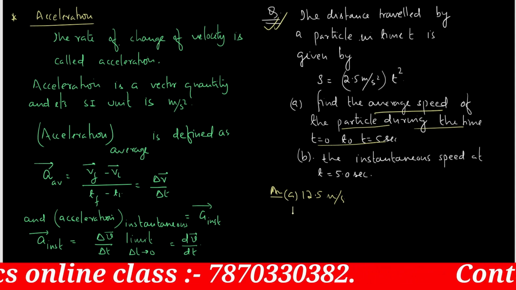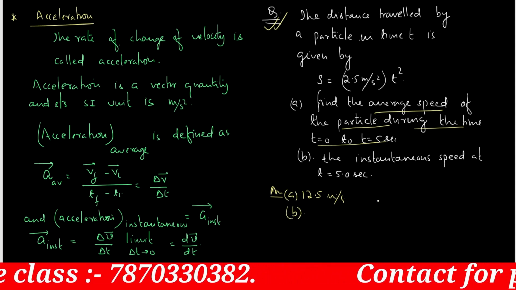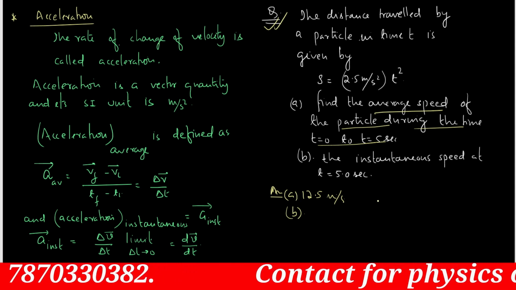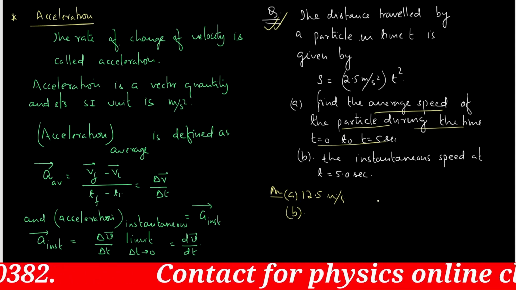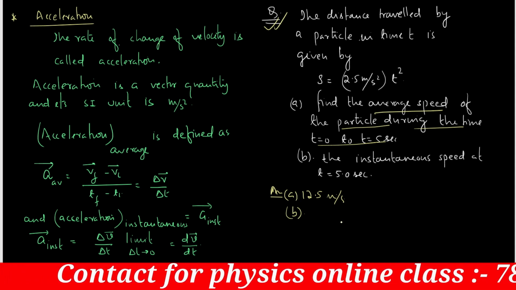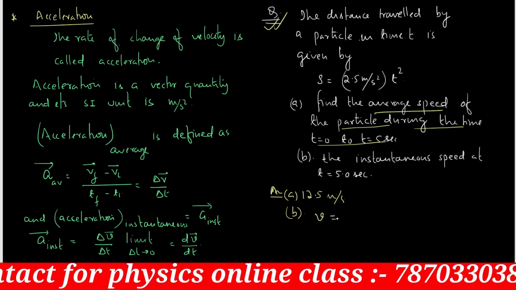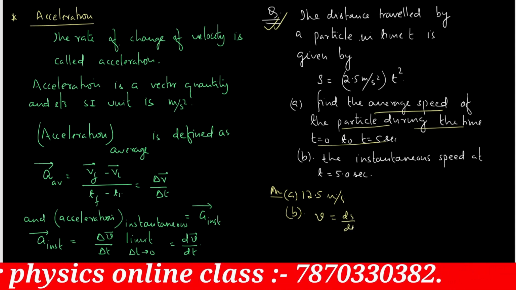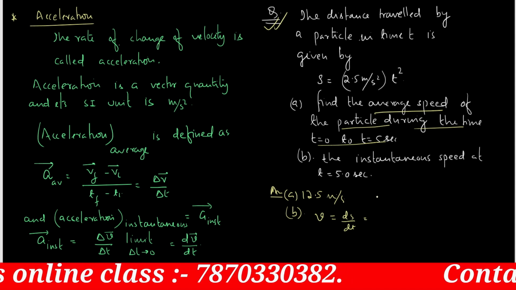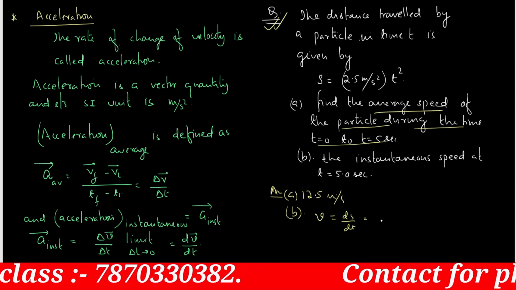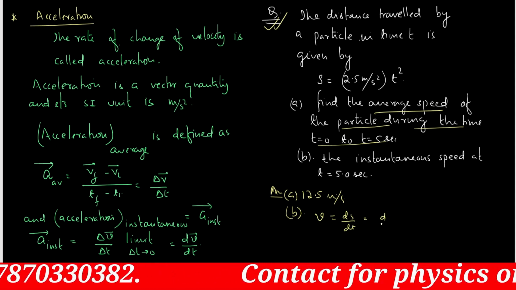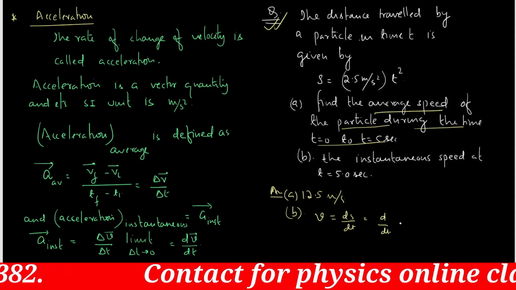And please solve B part. Okay, I'm doing that right now. 25, correct? And that is v equals ds by dt, which equals d upon dt of s.